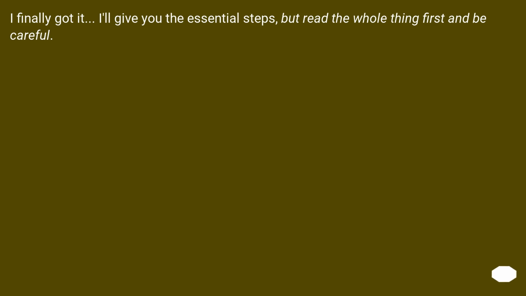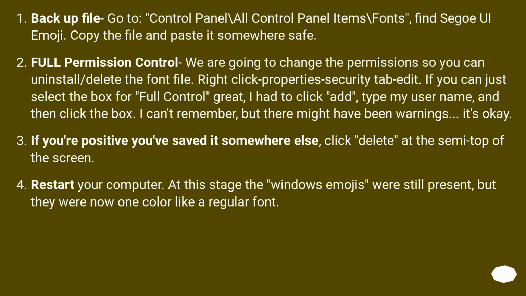I finally got it. I'll give you the essential steps, but read the whole thing first and be careful. Back up the file: go to Control Panel, All Control Panel Items, Fonts, find Segoe UI Emoji. Copy the file and paste it somewhere safe.